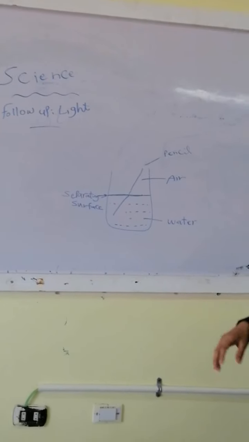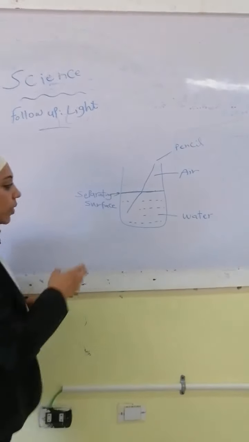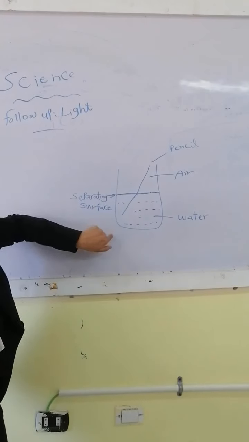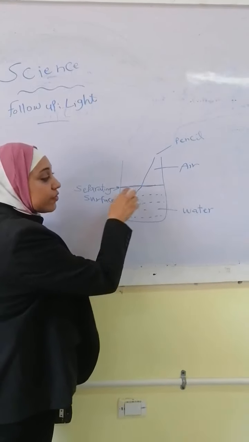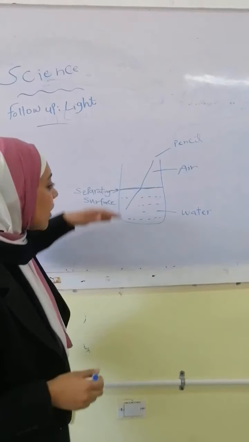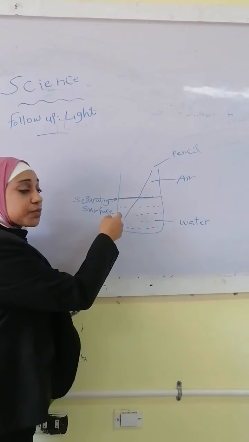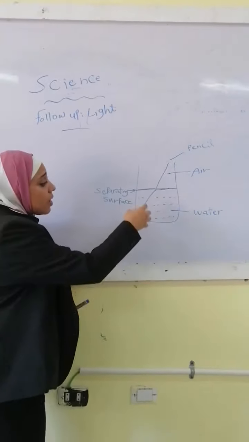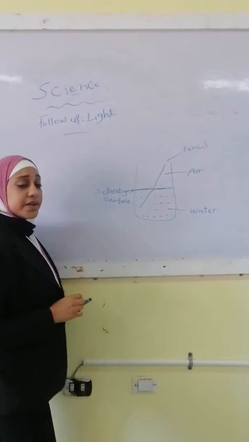I have drawn here the experiment of light refraction, and this is the beaker, okay, and I have air in the upper side and water in the lower side. This is called the separating surface. So when the light rays come from this side to this side, the pencil seems to be broken. The light rays broke moving from this side to the other side.